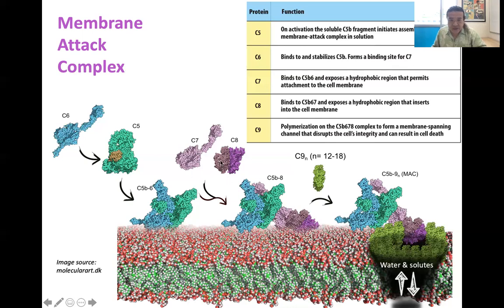You can also see how once this shape forms, it recruits C7 and C8. So that's the kind of pink and purplish structures here. And ultimately C9, this kind of green structure here, gets recruited, and a whole bunch of C9 form a ring around here. Okay.